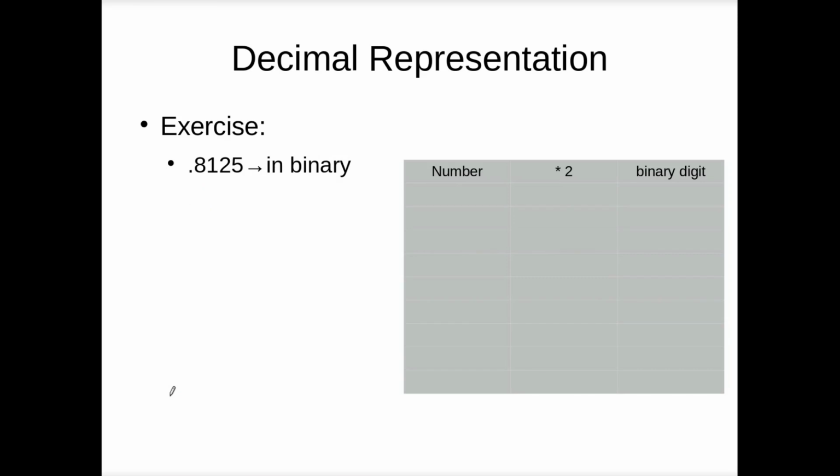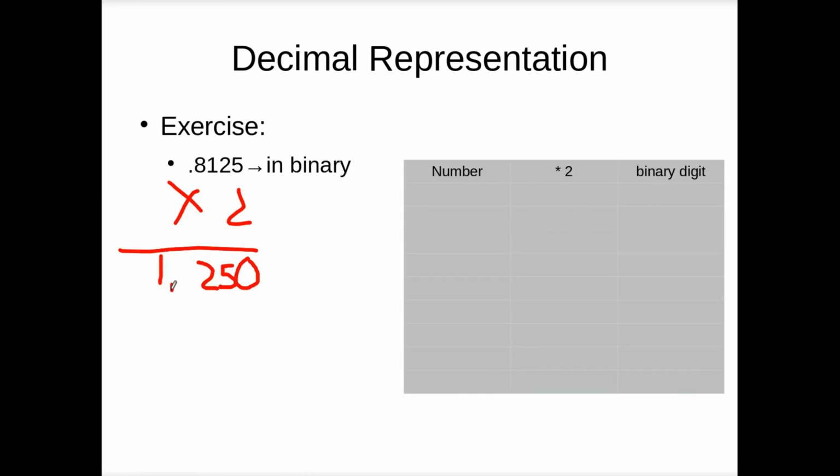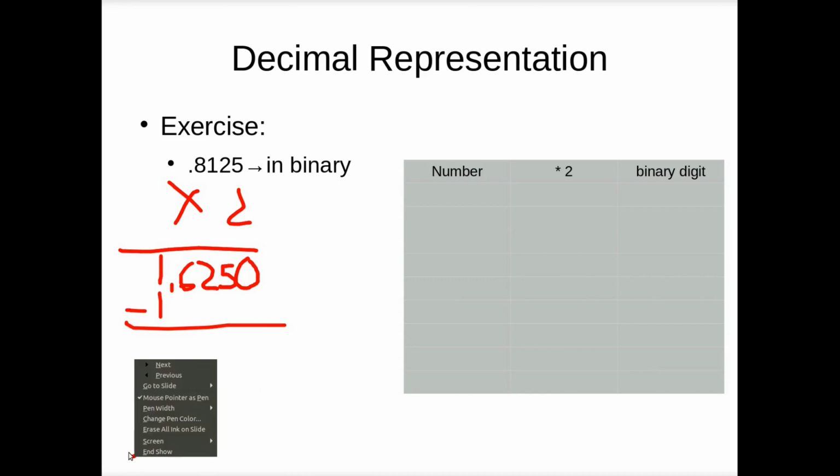How about this other number? So I'll do 0.8125. I'm going to multiply this number by 2. This is going to equal 1.625. I think I did that right. And subtract 1 from that, so the first digit is going to be a 1.